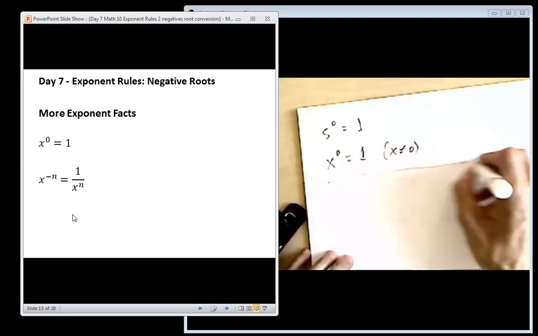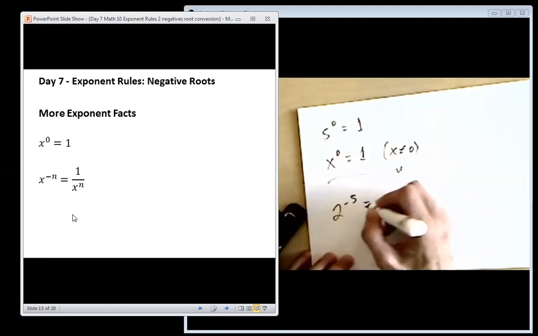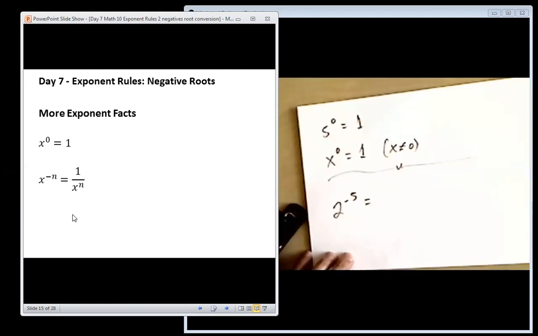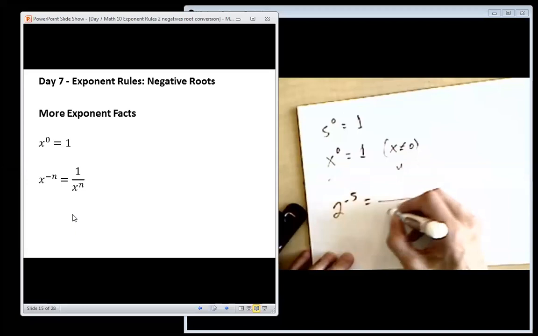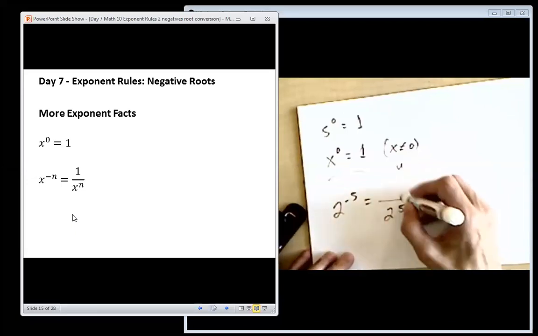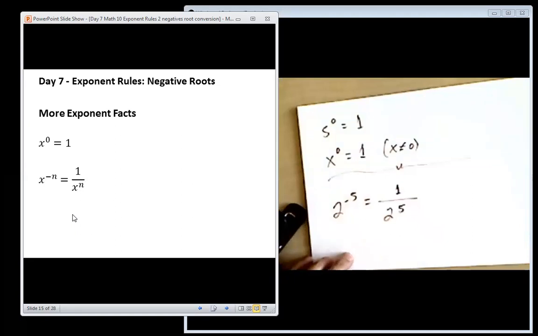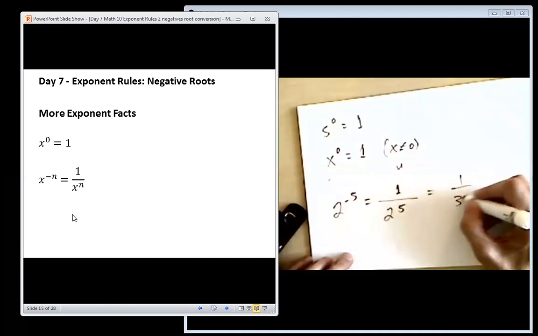Okay, so if you have something like 2 to the negative 5, right? I want to get rid of that negative for some reason. So I move it from the top to the bottom, and I put this 1 up there to make that happen. Fingers and toes tells me that happens to be 32.